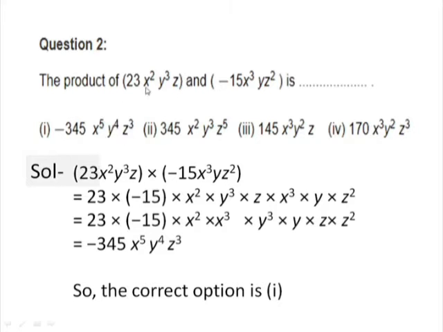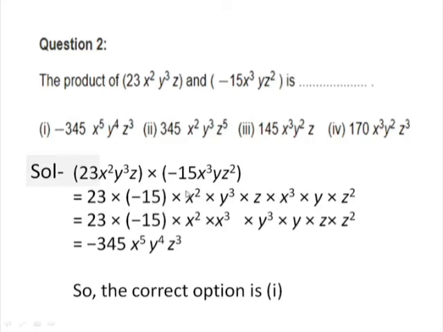Now we will write these two monomials, that is 23x square y cube z multiplied by minus 15 x cube y z square. Now on multiplying, first we will multiply the coefficients, that is 23 multiplied by negative 15.